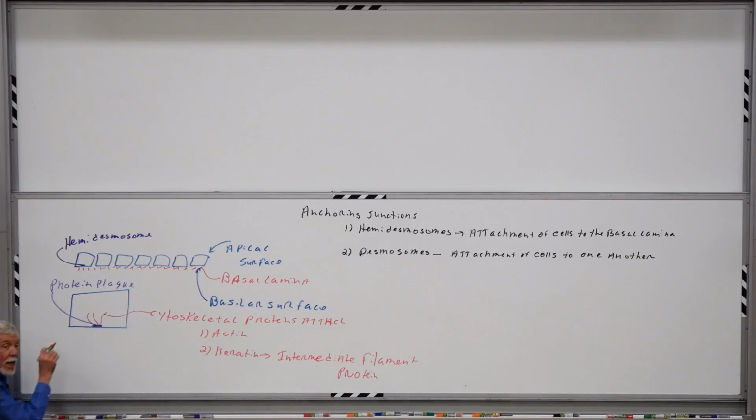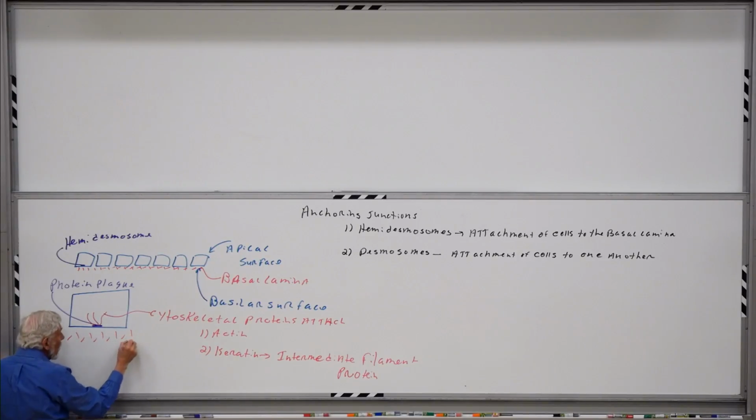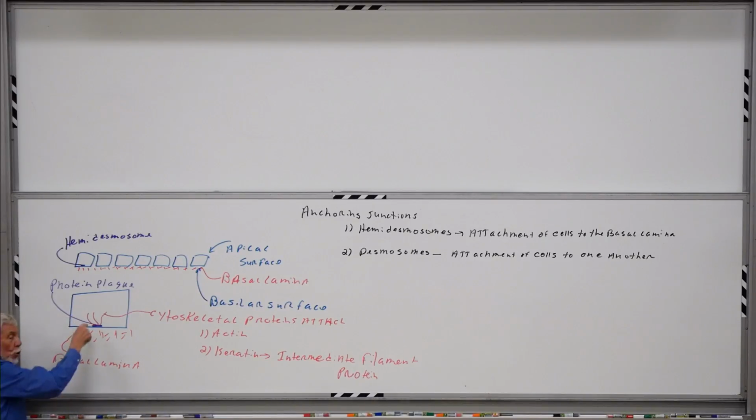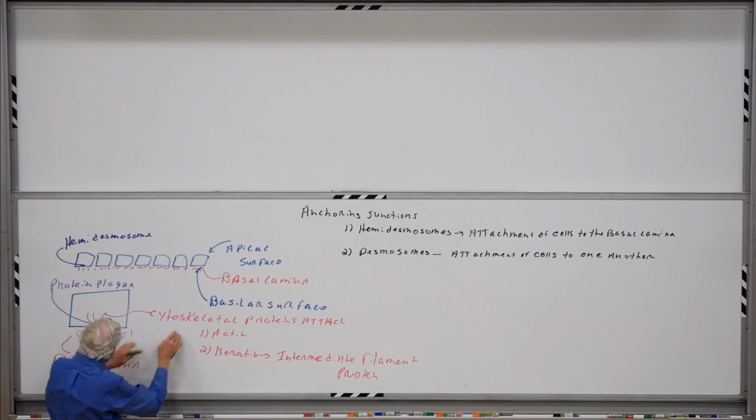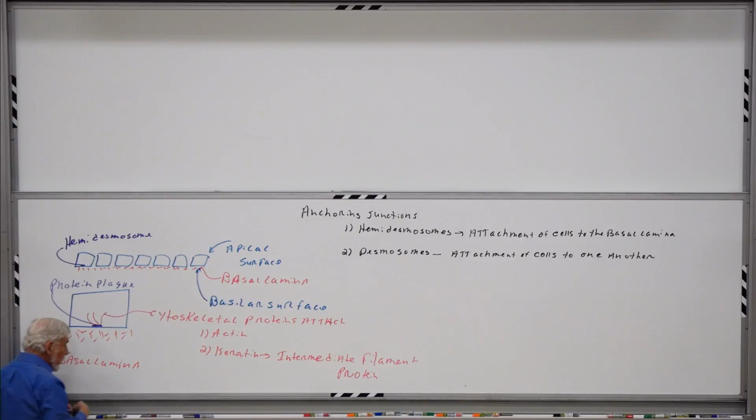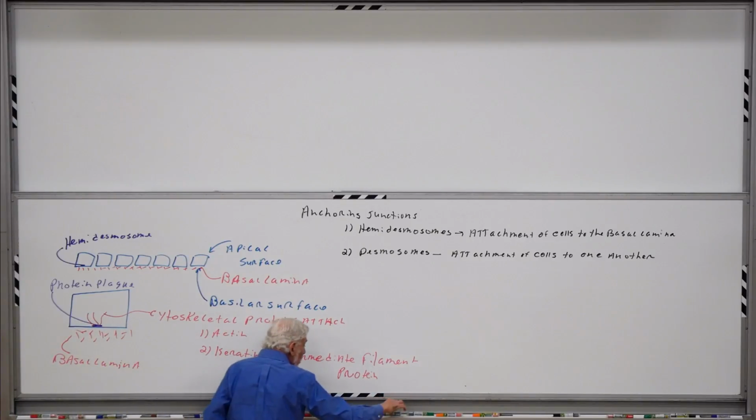But on the cytoplasmic side of the protein plaque, we now plug in these cytoskeletal elements, either actin or keratin. But remember out here, there's an extracellular matrix, which is the basal lamina. And what we need is some mechanism to anchor this structure of the plaque and the cytoskeletal proteins to the underlying basal lamina.